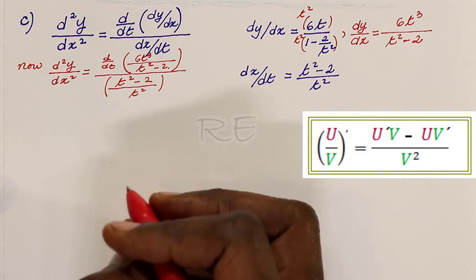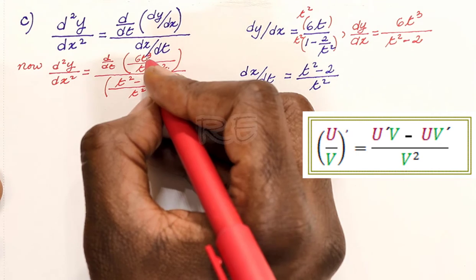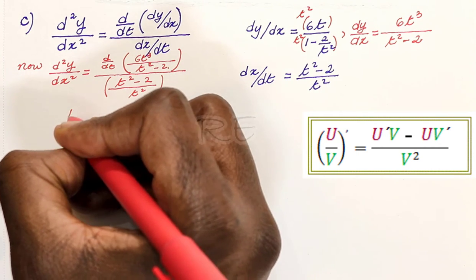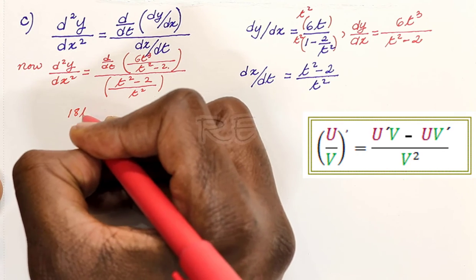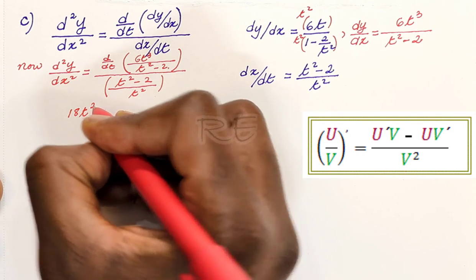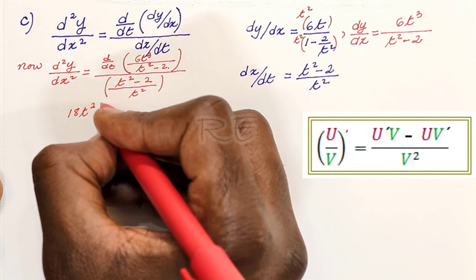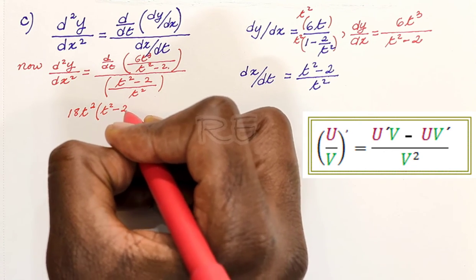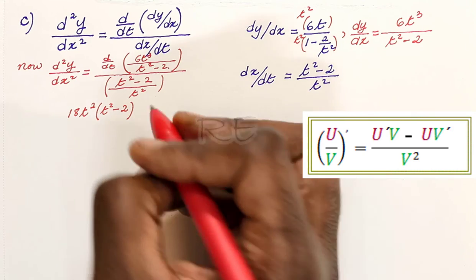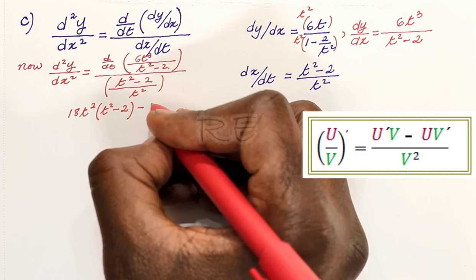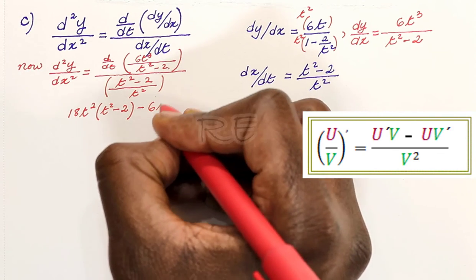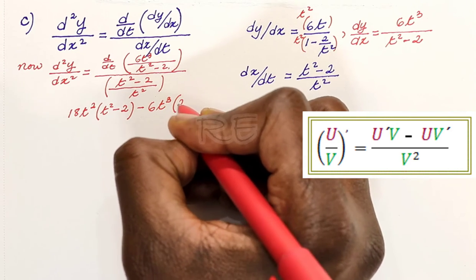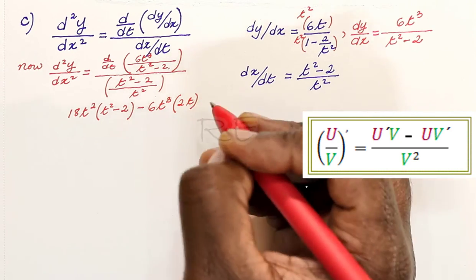Now this is of the form u over v, which is u prime v minus u v prime, over v squared. u prime is 18t squared times v, the denominator, t squared minus 2, minus u, 6t cubed, times v prime, which is 2t.